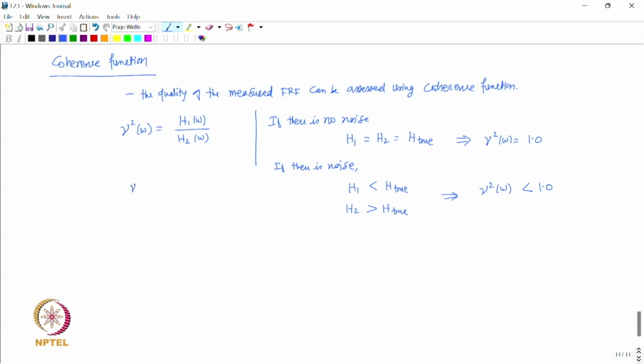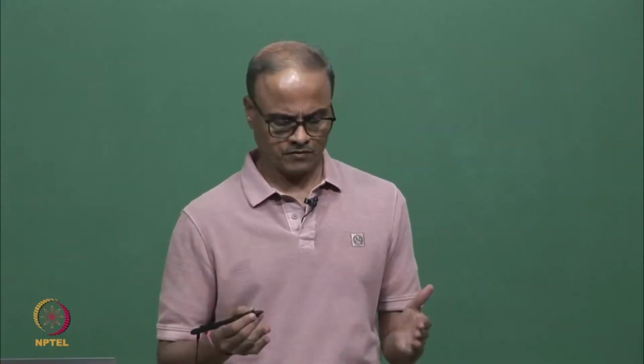Okay. So, the coherence is always between 1 and 0. This coherence essentially captures the degree of linear relationship between the output and input.